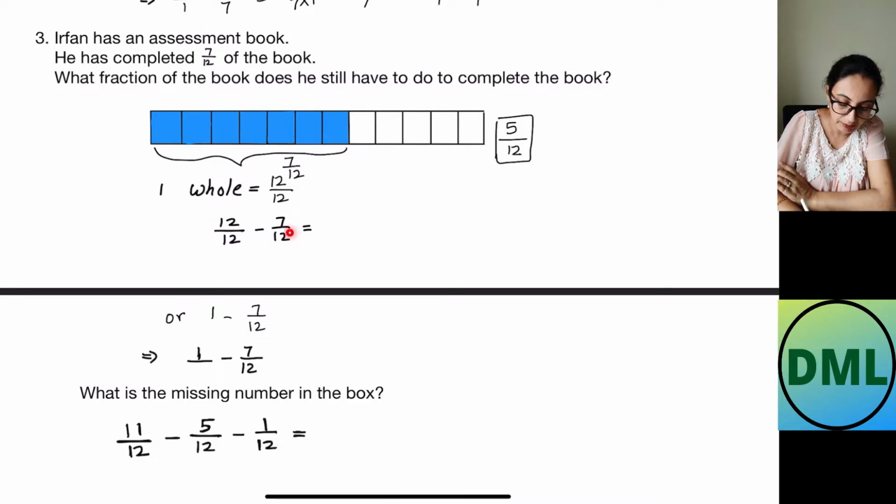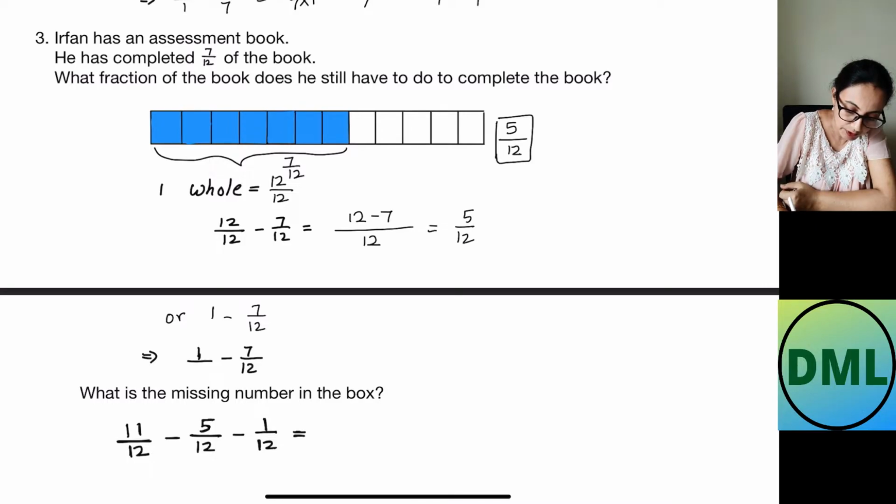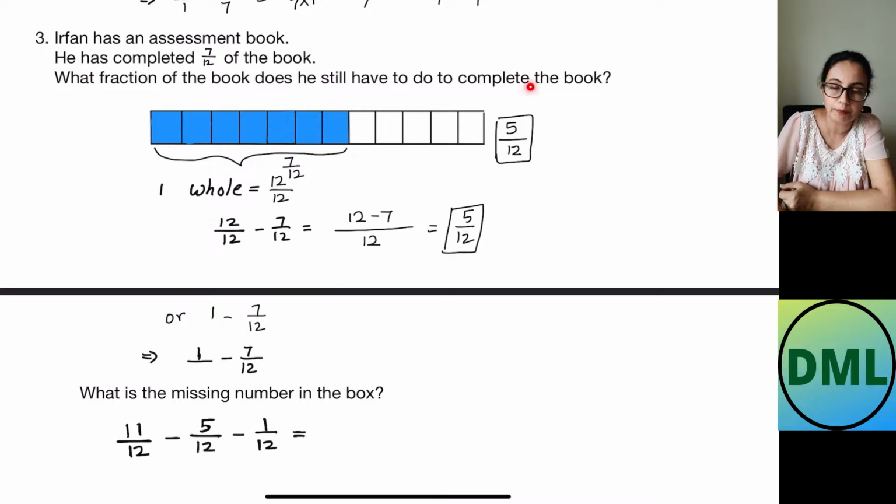For this subtraction, my denominator should be the same, which is 12. So that will be written only one time. Let's write it one time. I need to subtract 12 minus 7. Let's write 12 minus 7. How much is 12 minus 7? 5, right? Let's write 5, which is equal to 5 by 12. So that means out of 12 parts, 5 parts he still has to do to complete the book.